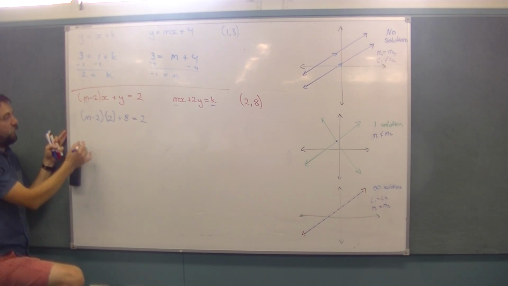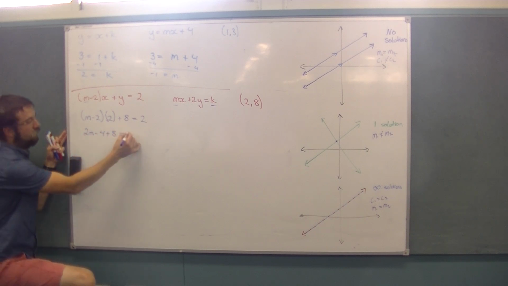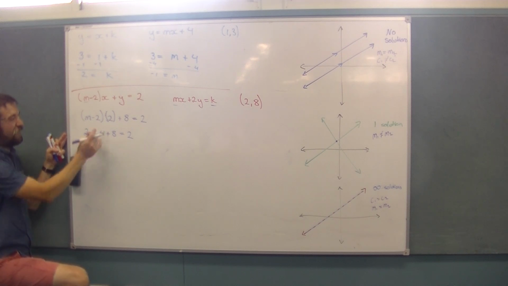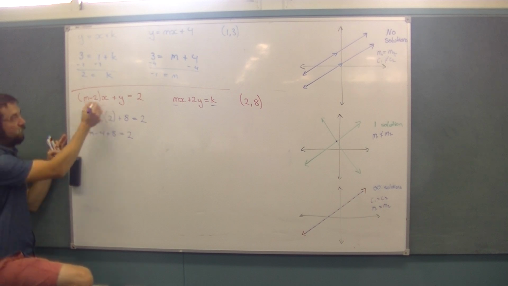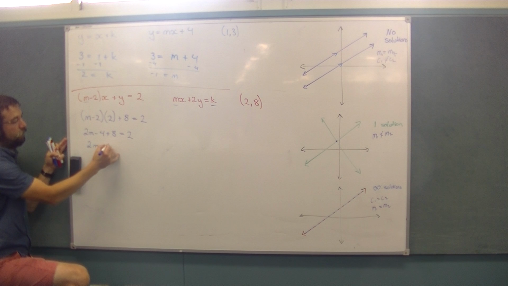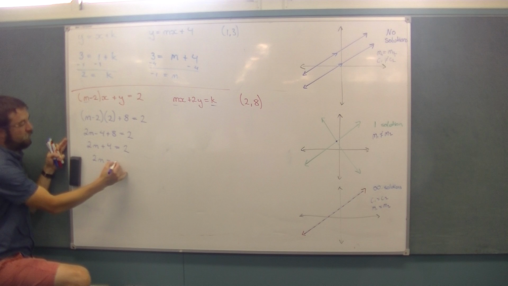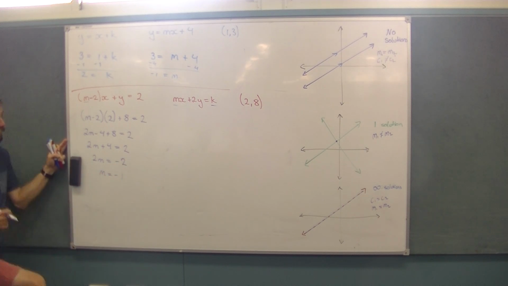Yeah. Yep. Expand. I just put it in there to make it very easily visible that it's multiplied by this bracket because some people forget that. 2m plus 4 equals 2. 2m equals minus 2. M equals minus 1.